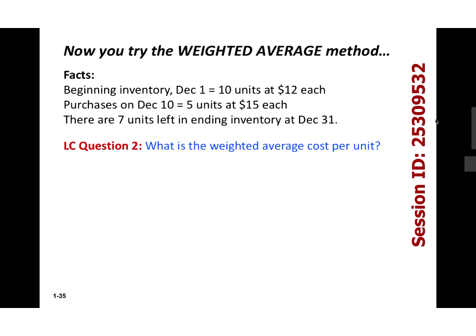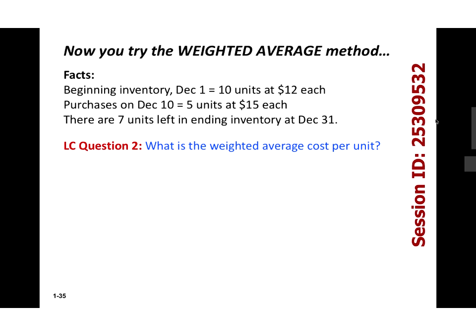So you basically have 195 as your total cost of goods available. You would take that 195 and divide by 15 units. Where did I get 15 units? That's how many units were available for sale. We had 10 in beginning inventory and 5 in purchases.